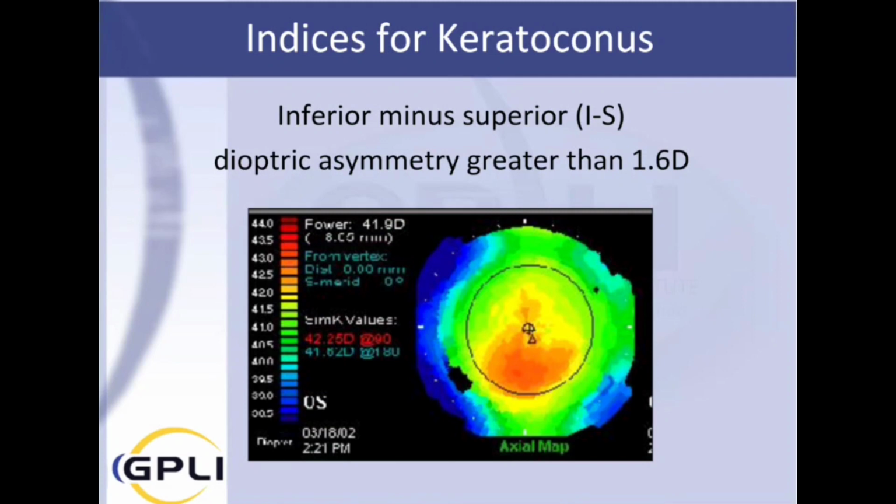The inferior minus the superior dioptric values are helpful in determining if there's keratoconus. These values are generated by taking points on the inferior cornea and matching them up to points on the superior cornea. When the superior point is subtracted from the inferior point, and that is greater than 1.6 diopters, there is a more likely chance that it is due to keratoconus.